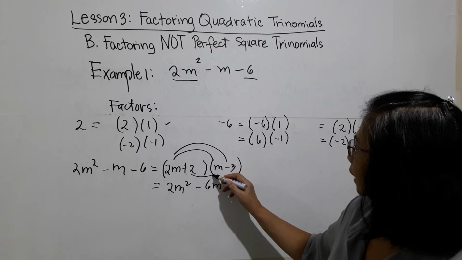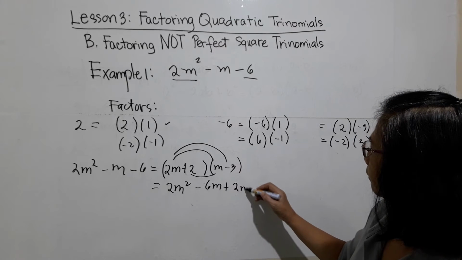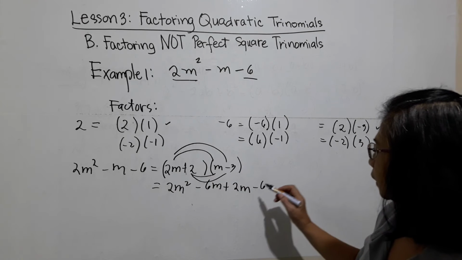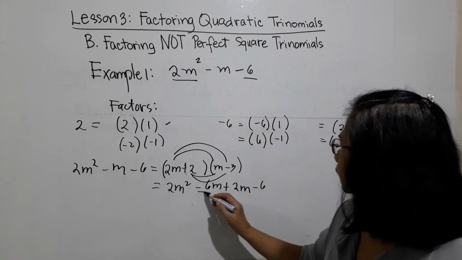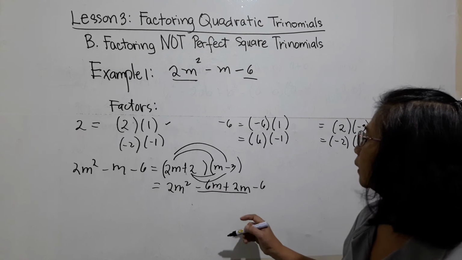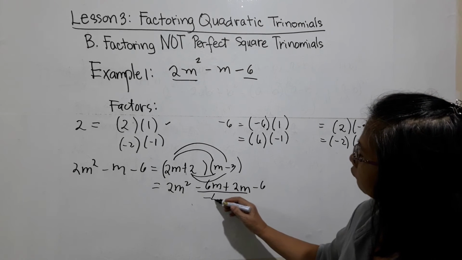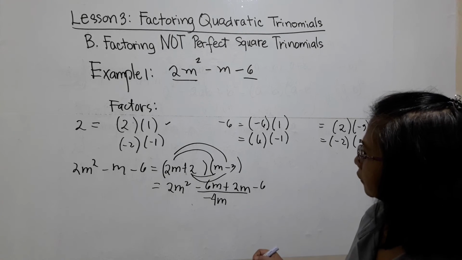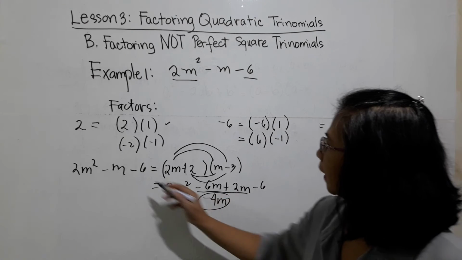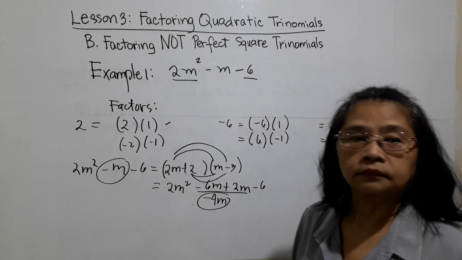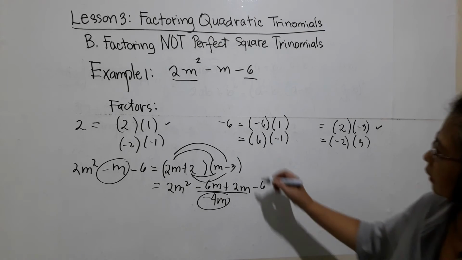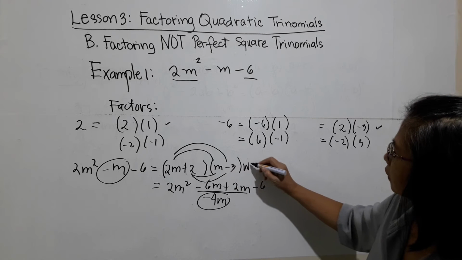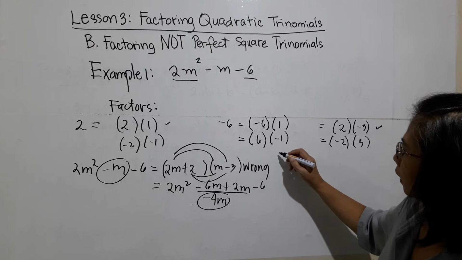Then 2 times m is plus 2m. 2 times negative 3 will give you negative 6. If I will add the middle, the terms which are like here, I should have negative 4m. Do you think I got the correct factors? Compare. They are not. So that means these are not the factors.